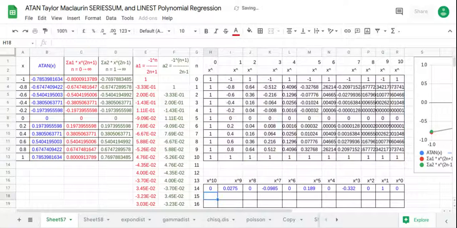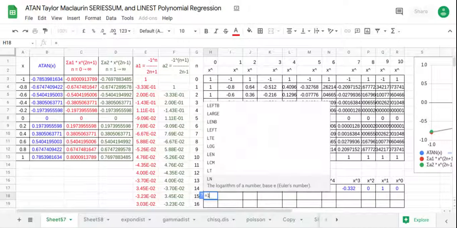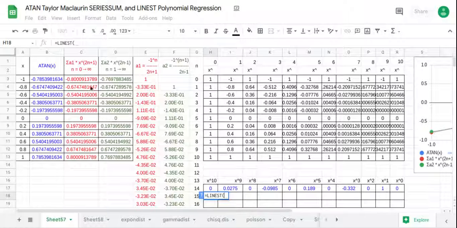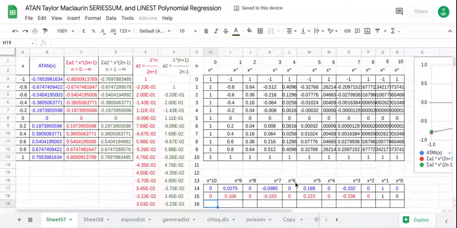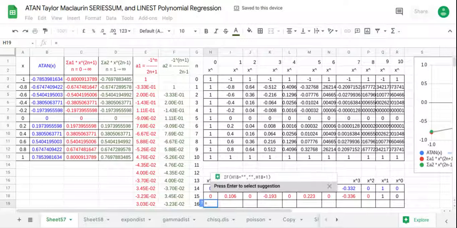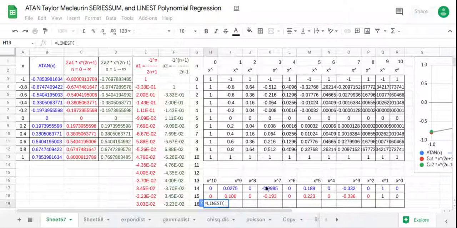That's for the ATAN or the arctangent. This would be LINEST dot y and dot x comma dot x. This is for the first expansion. So the third, this will be LINEST dot y and comma dot x.